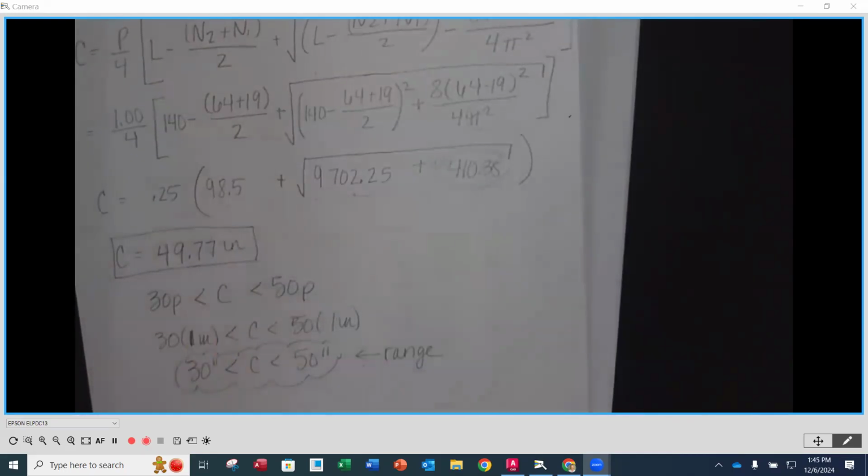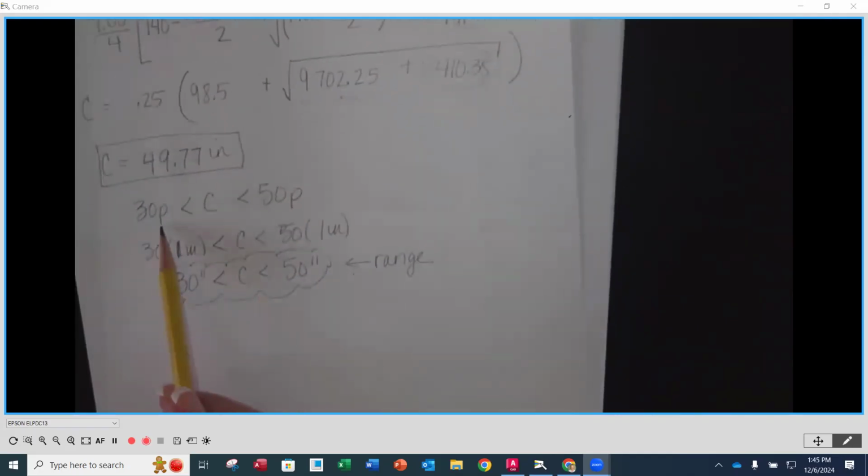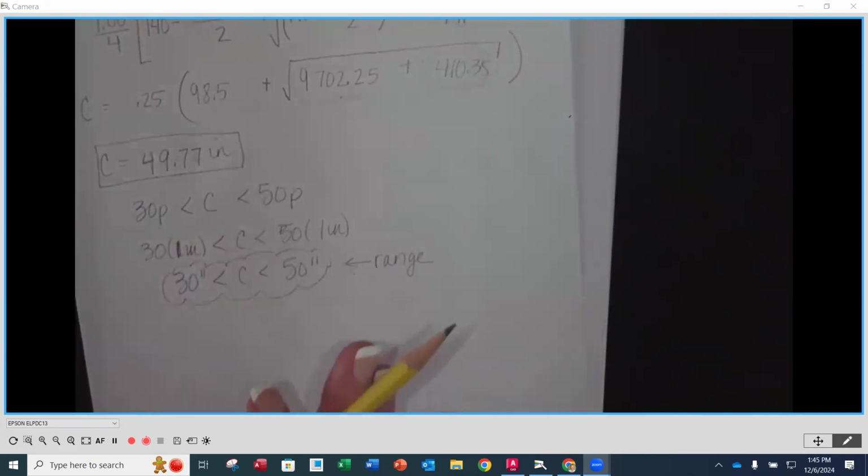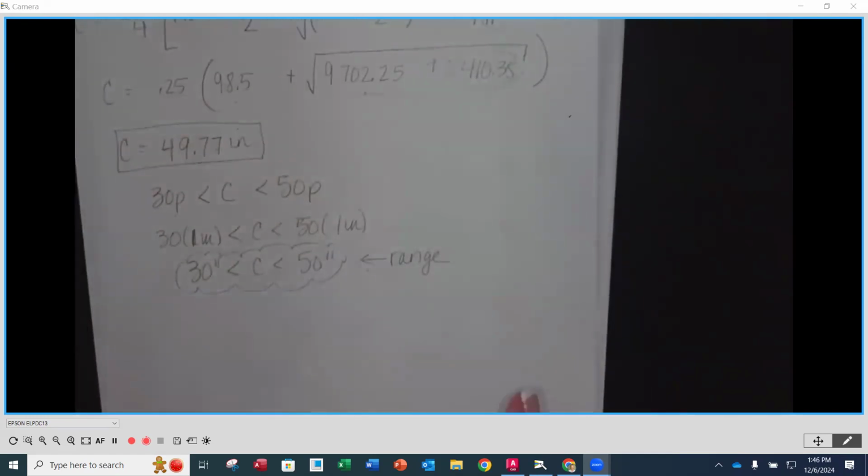But the good thing is that you're going to notice that now there is an equation on that same page. It's not listed as a formal equation number, but you're going to take 30 times the pitch, which is 30 times 1 inch, and that's going to give you 30 inches. Your center distance needs to be greater than 30 inches, but less than 50 times the pitch, which is going to be 50 inches because our pitch is 1 inch.